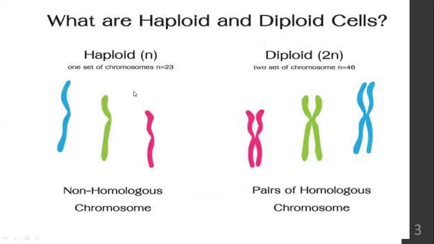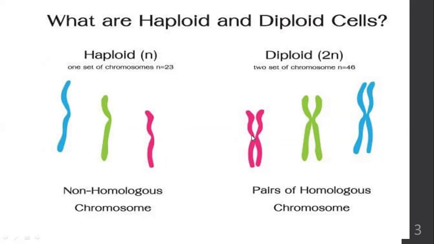So what are haploid and diploid cells? Haploid cells are just one set of chromosomes, as we have mentioned. We have 23 pairs of chromosomes. When we divide it, like taking a scissor and cutting it in between, you just get the haploid structures.